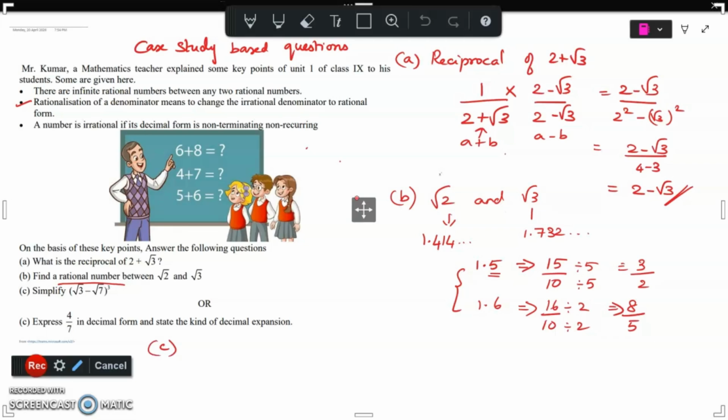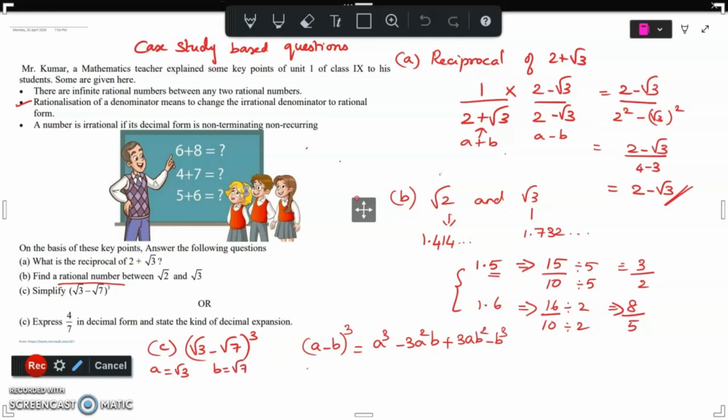Question C: What is root 3 minus root 7 the whole cube? For this, we should know the identity, which you are going to learn soon. You have learned the square identity already, but the cubic identity you should know. A minus b the whole cube is a cube minus 3a square b plus 3ab square minus b cube. So here a is root 3 and b is root 7.